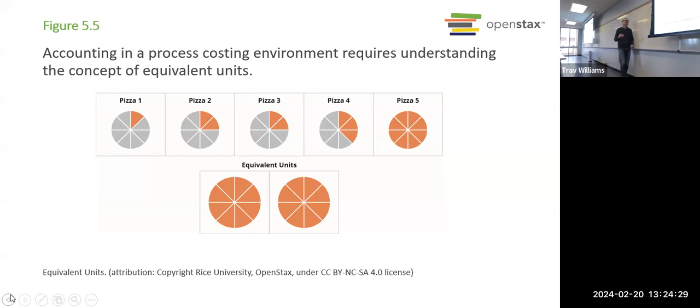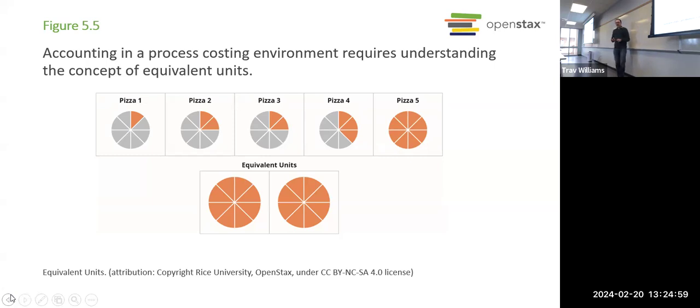And that's really what we have to do with this equivalent units concept, is say, okay, at the end of the month, we have 200 units that are still in process, and they're only 50% done. So we'll call that 100 units that are completely done, even though they're not, right? You take the number of units that are in process and multiply it by how done they are as a percentage, and that is how you get your equivalent units for conversion.